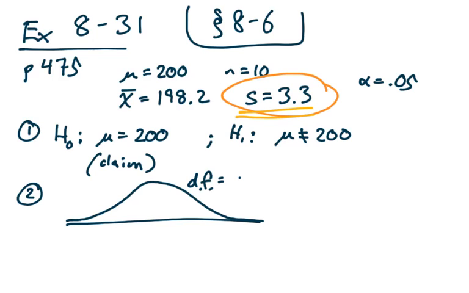We have a sample size of 10, so we're using the distribution that has 9 degrees of freedom, and alpha equals 0.05. That gives us critical values of plus or minus 2.262. So we find the boundary values for our critical regions that we're shading here and here.